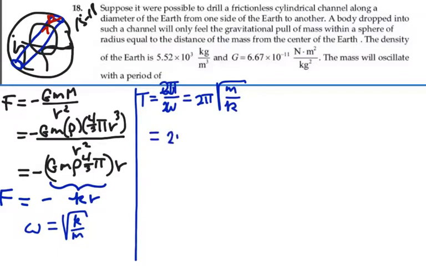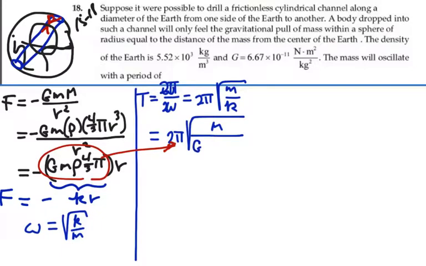So that is 2 pi times the square root of your m over this k constant that we have right here. So that is going to be G times m times rho times 4/3 times pi.